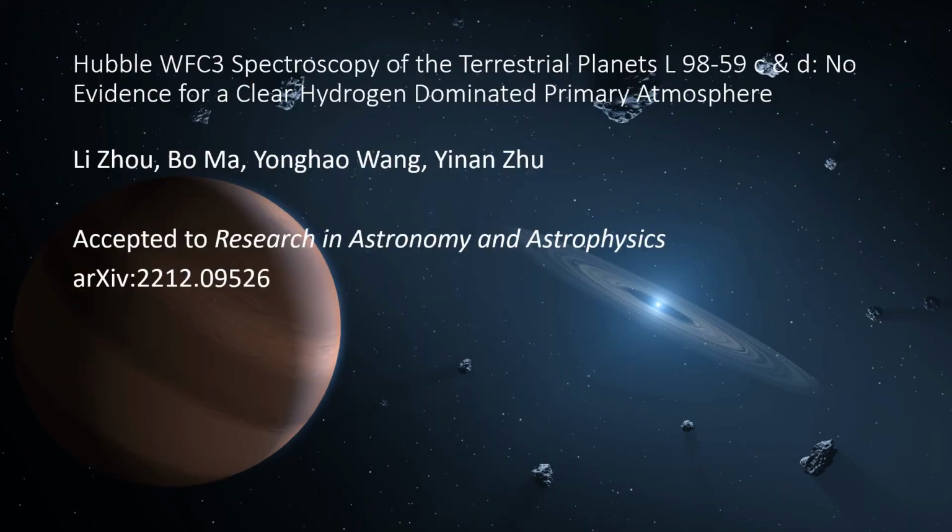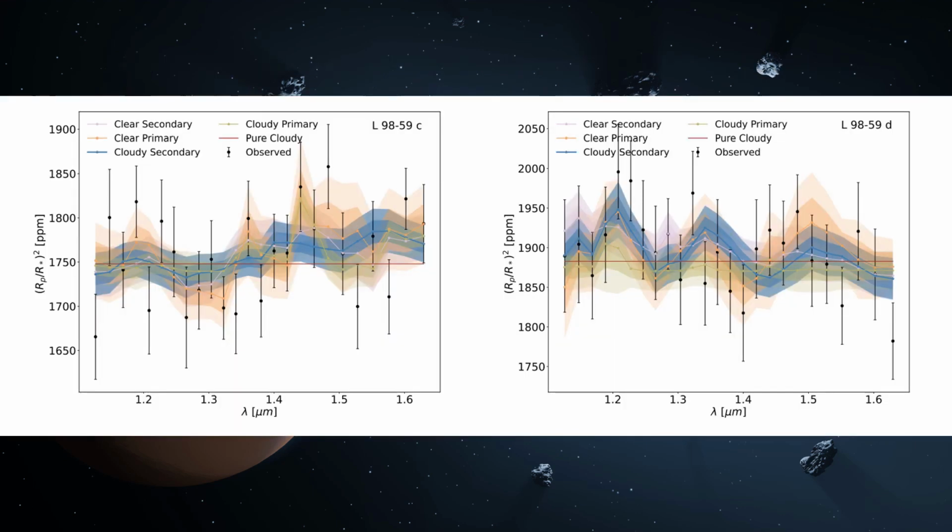And then we had this paper on Hubble spectroscopy of L9859C and D, no evidence for clear hydrogen-dominated primary atmosphere. And this is one of those that's honestly a little frustrating to me, because we can take a spectrum of a planet, and for a low-mass planet, it's usually flat.